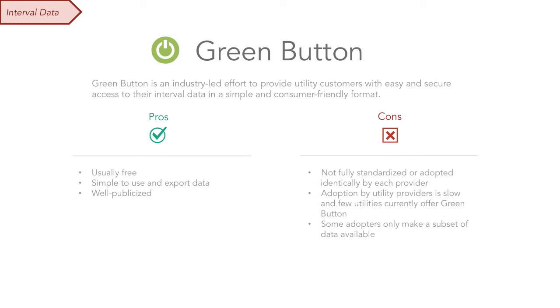So we'll start with Green Button. This is easily the most publicized source of meter-based information. It was officially launched in 2012, started in the West Coast. I think as of now, there's somewhere between 50 and 100 utilities and suppliers that have made an announcement that they will participate in this initiative.